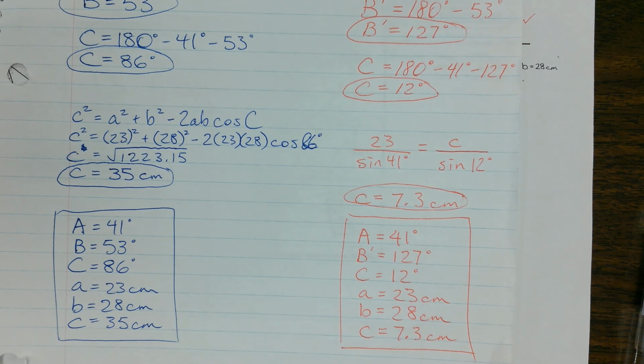And a hint on the test: if you see a question that's out of 10, maybe it's an ambiguous case. If a question is only worth like 3 marks, for example, you know it's probably not an ambiguous case.